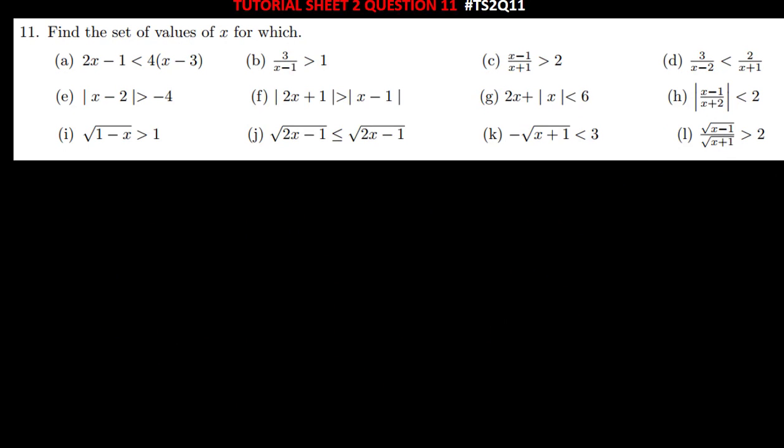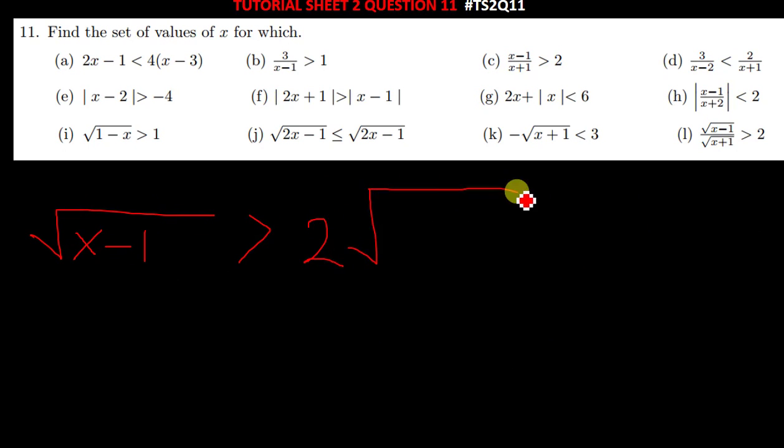So this one again, it's simple. What you do is you cross multiply there. So you're going to have something like this: x minus 1 greater than 2 times the root of x plus 1. So here what you do is, again, you square both sides.